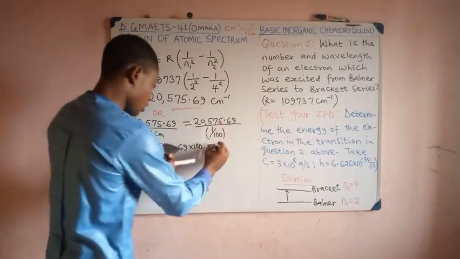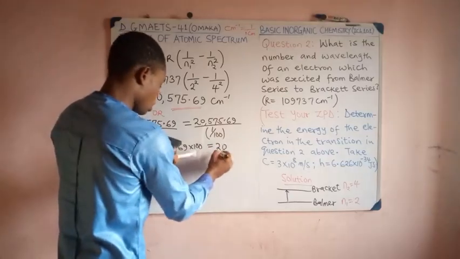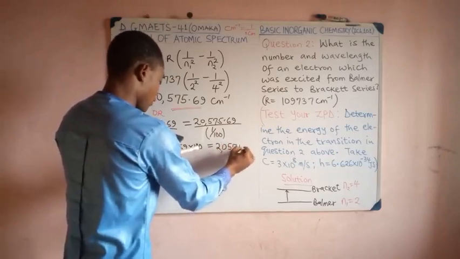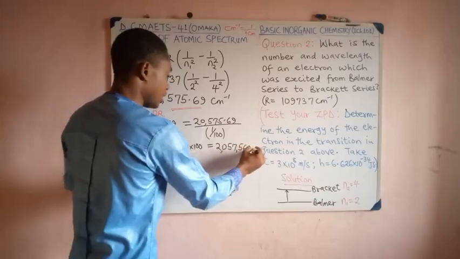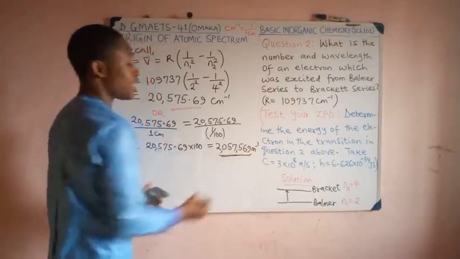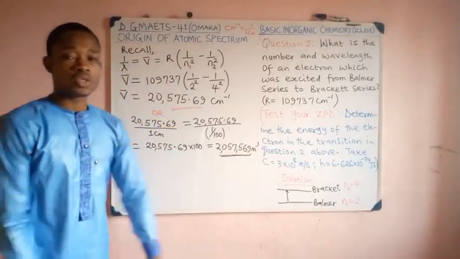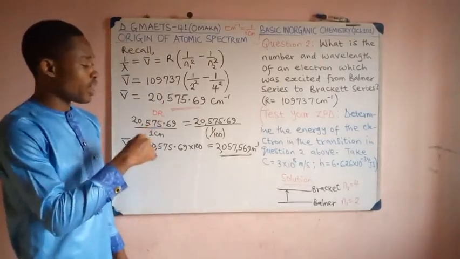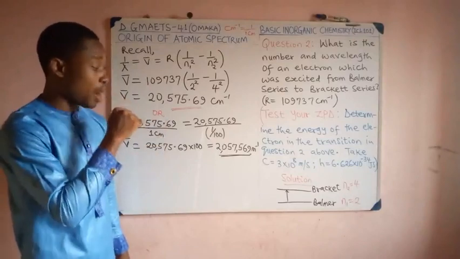It's giving me 2,057,569 per meter. So this is an alternative result in meters. Is that okay? Take note of that. You can put it in standard form. In standard form, this is 2.057569 times 10 raised to the power 6.